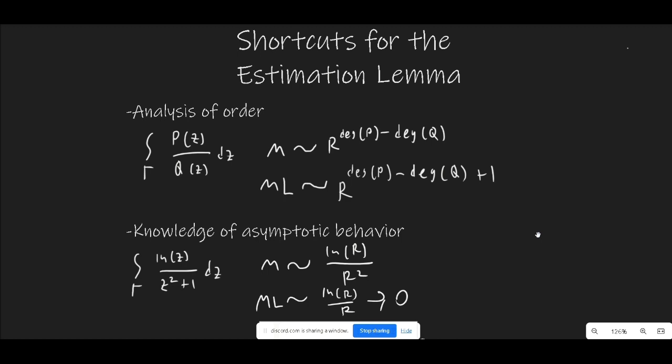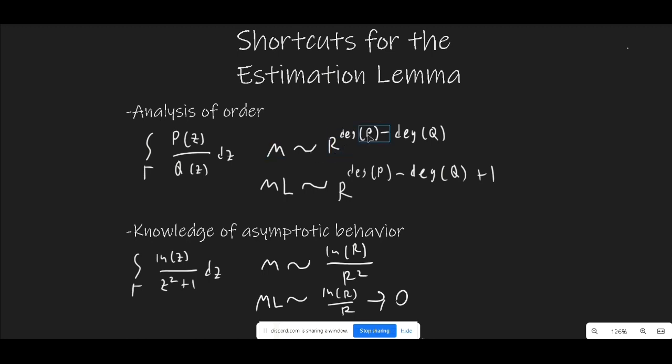So if f of z is some polynomial p of z over q of z, some rational function, then as r goes to infinity, the value of f of z is going to essentially be on the order of r to the degree of p minus the degree of q, right? So that means our M value is going to be on the order of r to the degree of p minus the degree of q.